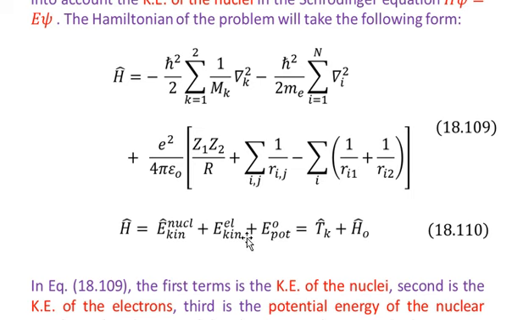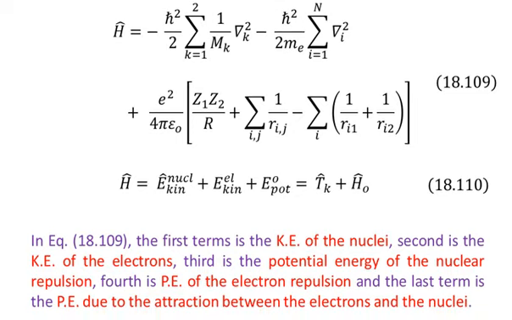So I can combine some terms as T_k, the kinetic energy terms. For example, the first two terms can be combined as the kinetic energy terms, and the last term can be combined as the H0 operator.